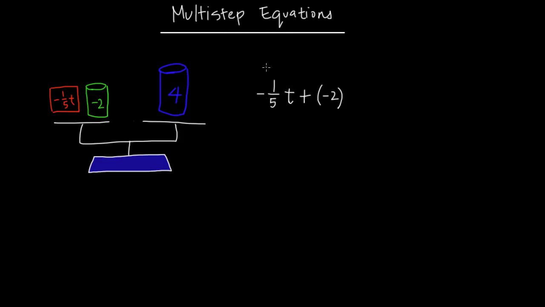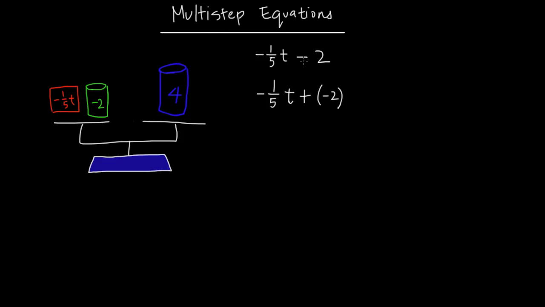How the book gives it to you is actually negative 1 over 5 t minus just 2. But we covered in class that when we're subtracting two real numbers, a good way to think about it is to convert this to an addition problem. We convert a subtraction problem into an addition problem algebraically by simply adding the opposite of the number.